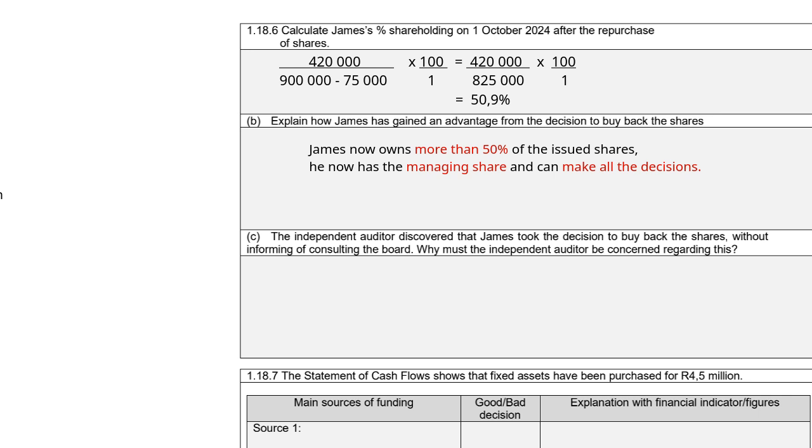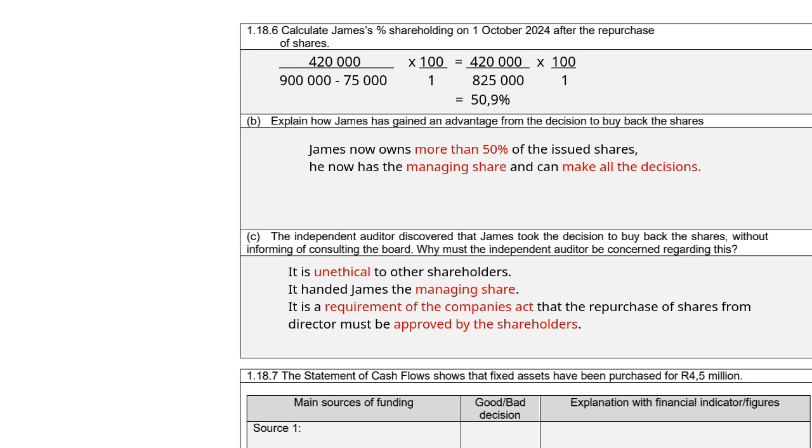Why must the independent auditor be concerned regarding this? Now remember, it is unethical towards the other shareholders. It handed James the managing share, and it is a requirement of the Companies Act that the repurchase of shares from the director must be approved by the shareholders.